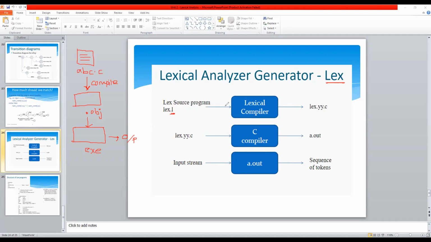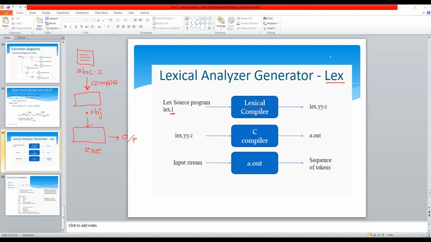Then you first need to compile it using the lexical compiler, because there are two types of compilers. First, the .l program has to be converted into a .c program. An additional step is required here because we don't have the .c program with us; we have the Lex file. That Lex file with the .l extension has its own compiler, called the lexical compiler.